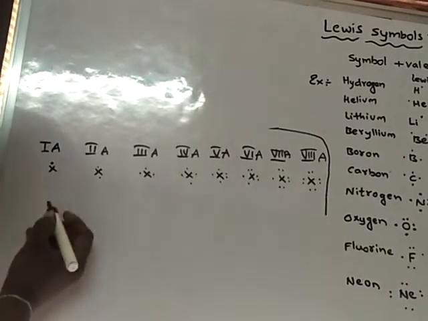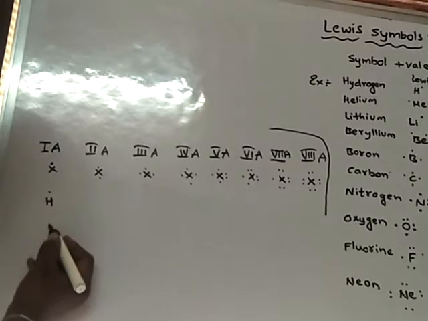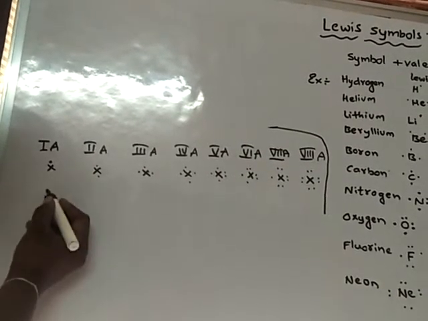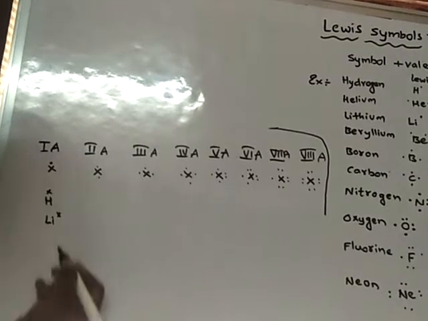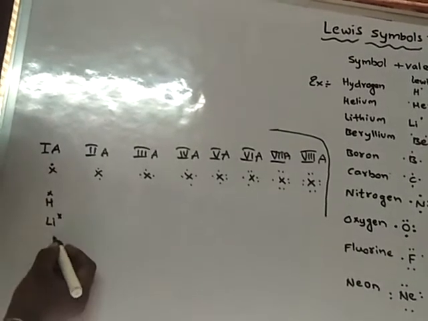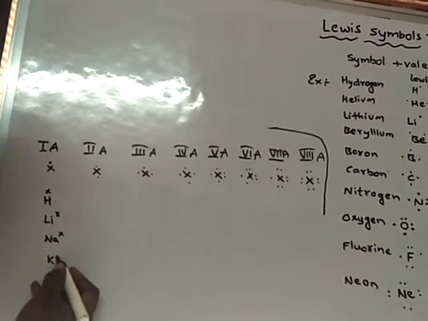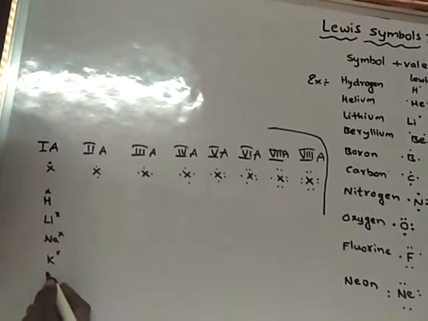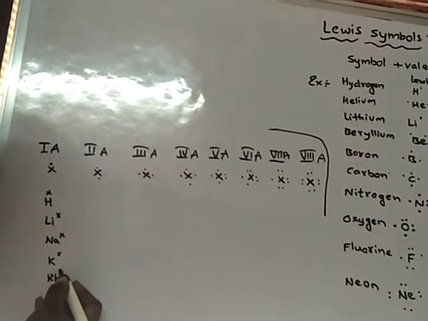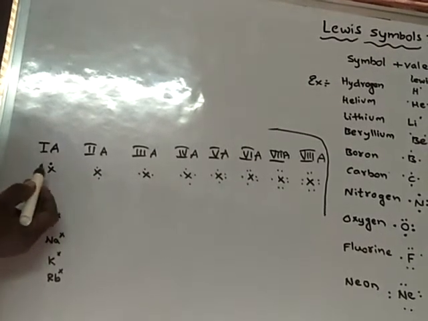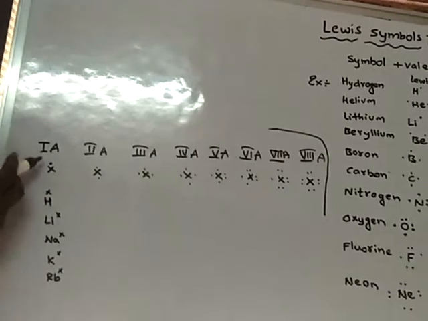Take examples: hydrogen, lithium. I am using crosses here, but I may use a cross or a dot. Sodium, potassium, rubidium. So I have to write only one cross, because the first group contains only one valence electron.